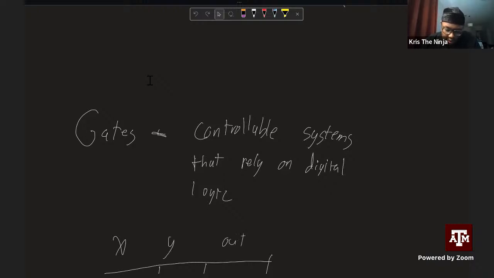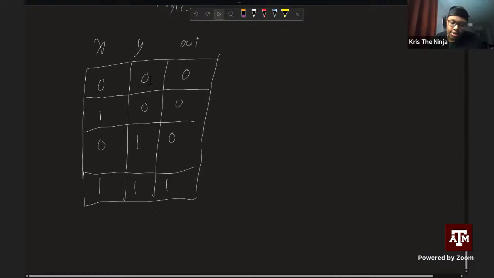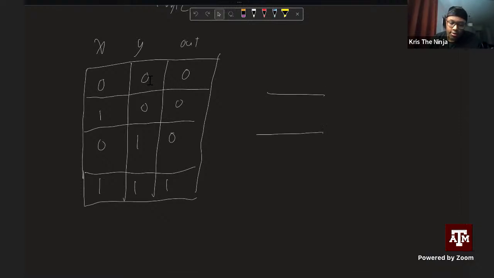If x is 0, y is 0, you have 0 out. If you have x is 1 and y is 0, you have 0 out. You have x is 0 and y is 1, you have 0 out. But if you have x is 1 and y is 1, you get a 1 out. So what you've just created, congratulations, you have made your first digital logic circuit called an AND gate.